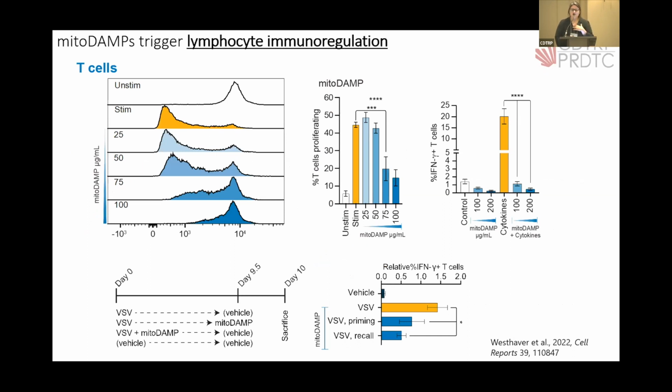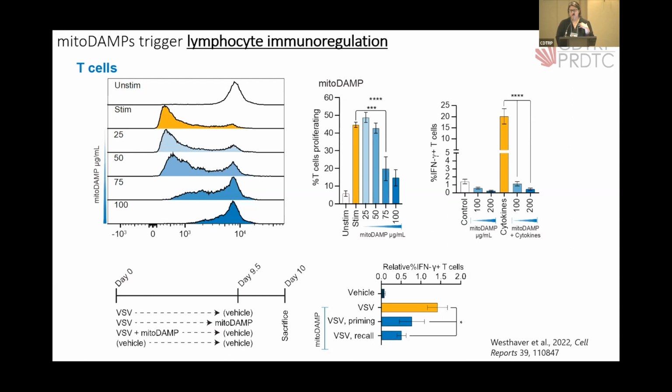We also know that after an inflammatory response, the immune system needs to become immunoregulatory to return to baseline or homeostasis. What we've actually shown is that lymphocytes, the later responders to inflammation, will actually respond in an immunoregulatory manner. This is a transplant crowd, so I'm showing you T cells, but the same is true for NK cells.